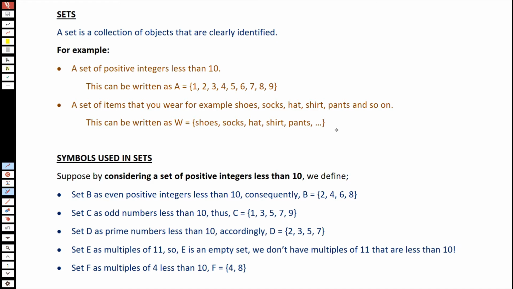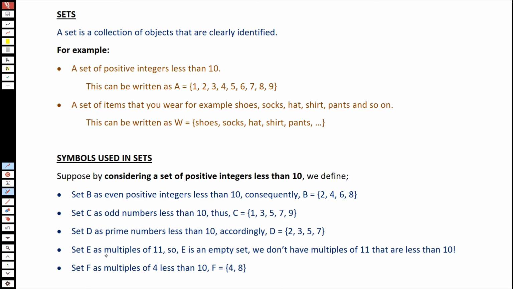For example, we can define set B to be a set of even positive integers less than 10, and this is written as that. So these are basically even positive integers less than 10. And then we can also define set C as odd numbers less than 10, and that's written like that. And also we can define set D as prime numbers less than 10, which are written like this.